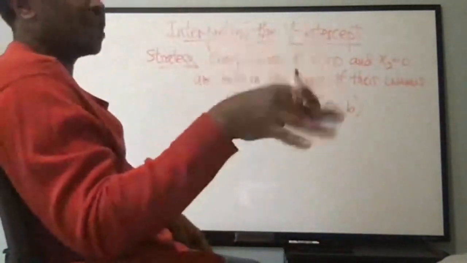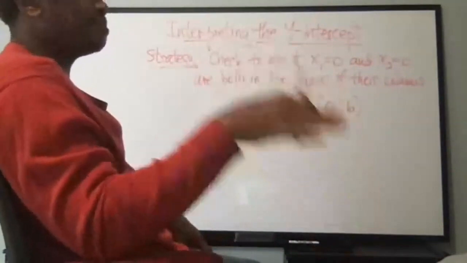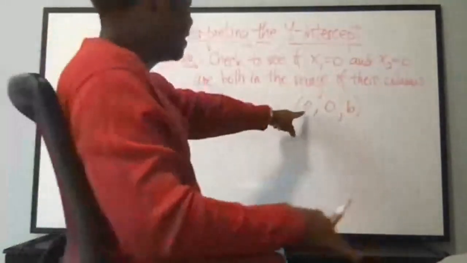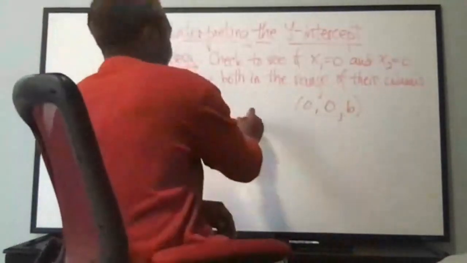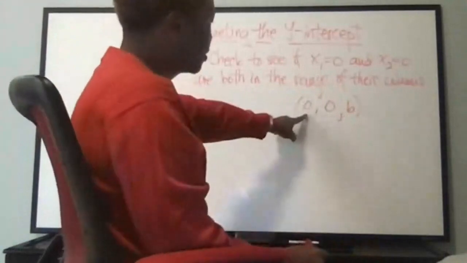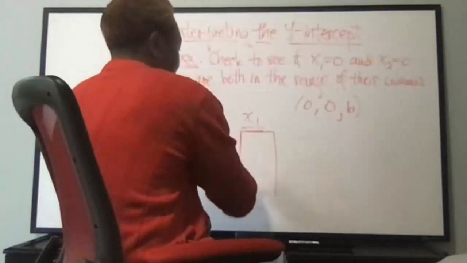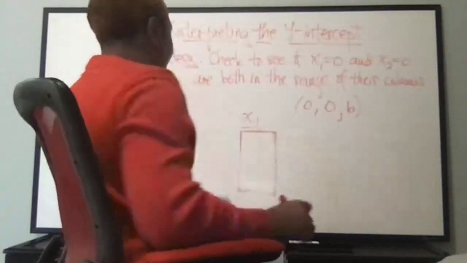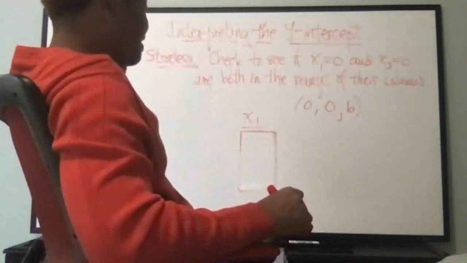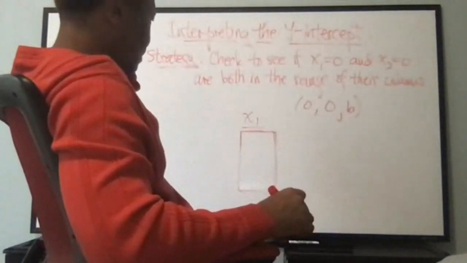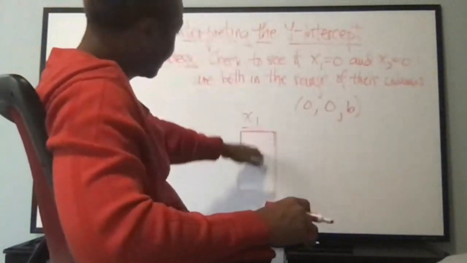So before I can offer an interpretation, I need to make sure that 0 is in the range of foot traffic data. Everybody look at that foot traffic data. Is 0 in the range of this data here?